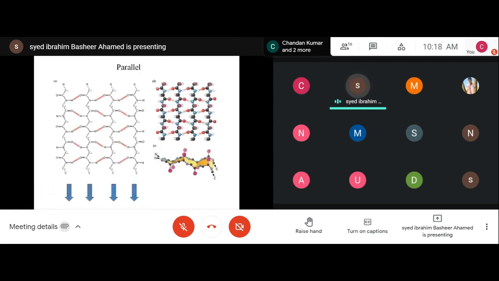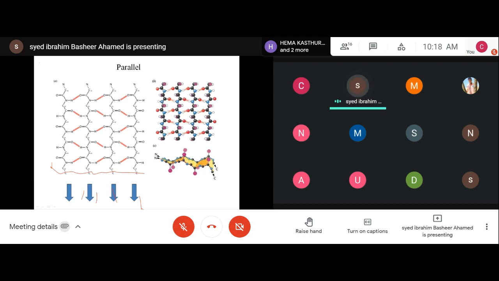Whereas in parallel beta strands, each adjacent strand is running in the same direction.